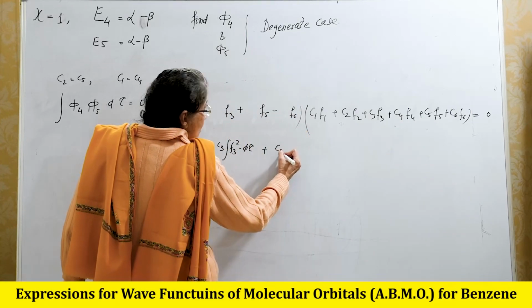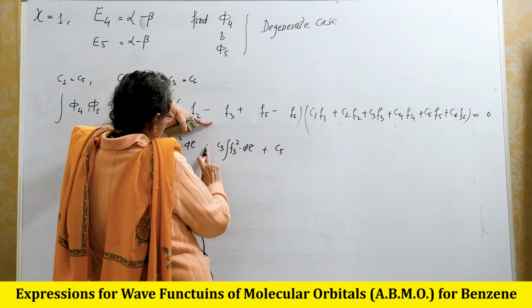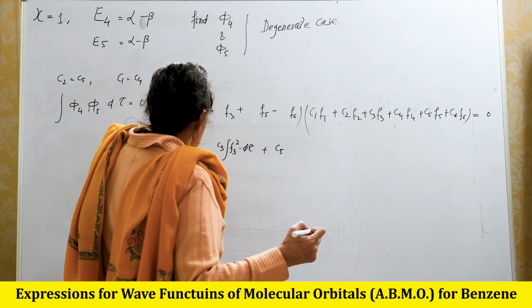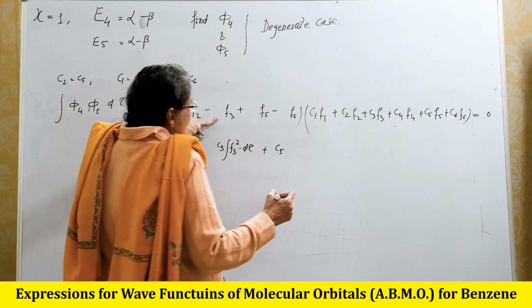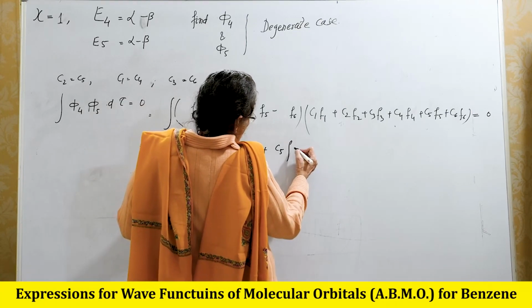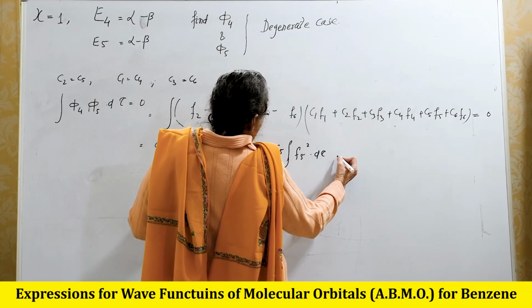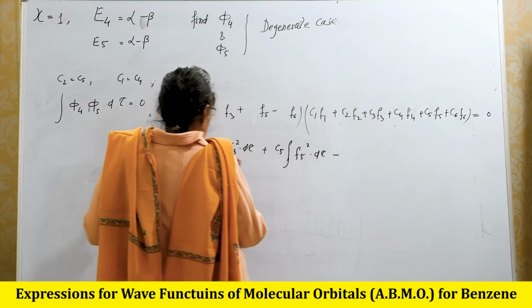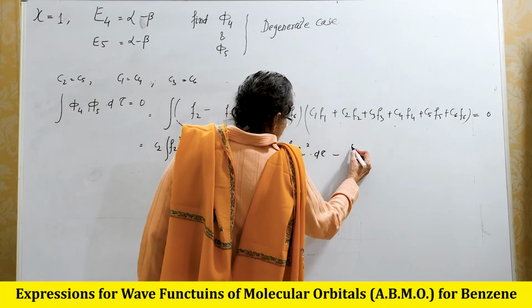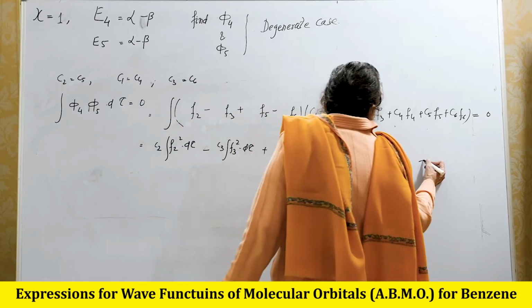So here we get plus C5 F5 square d tau, and minus C6 F6 square d tau is equal to 0.